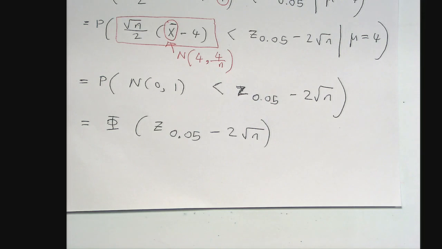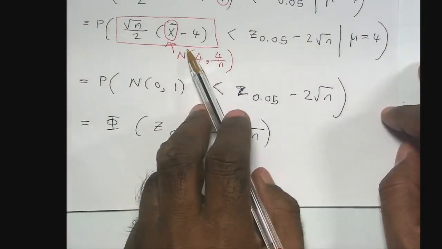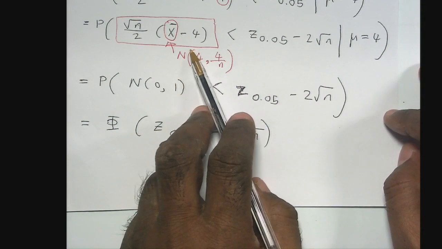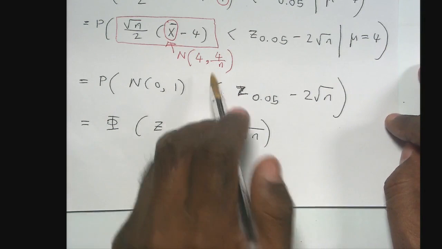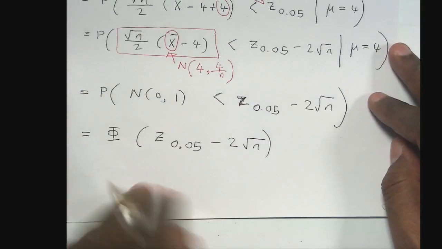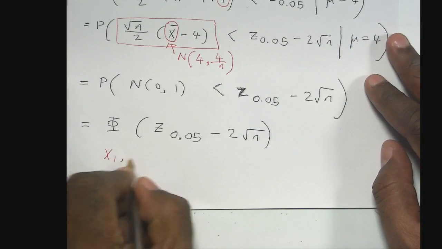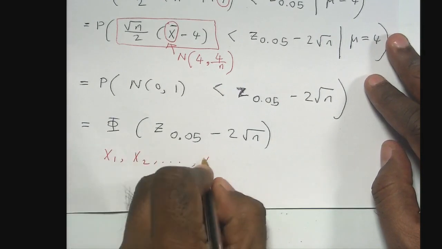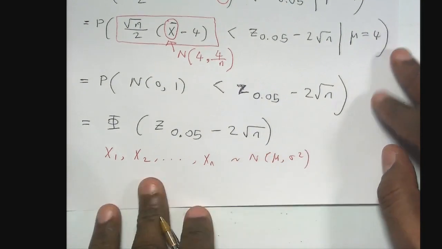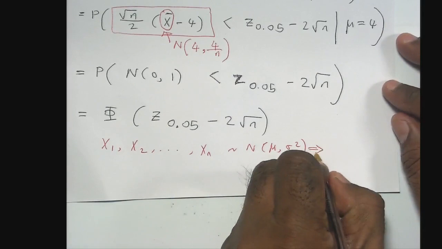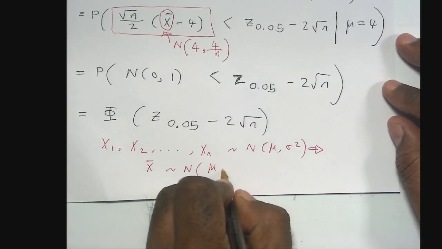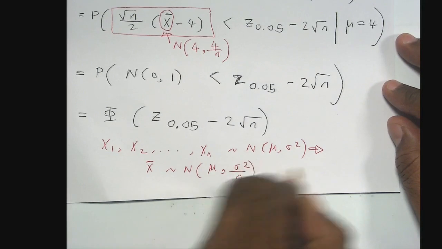Guys, look. Some of you are asking me where this came from. This is stuff we did in week 2, guys. Well, you weren't here in week 2. Maybe you forgot. I thought you guys had better memory than I do. Do you know this result that if x1 to xn are IID with the normal distribution, then x bar, the sample mean, also has a normal distribution with these parameters?